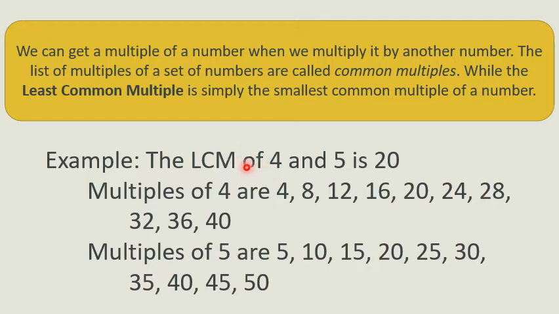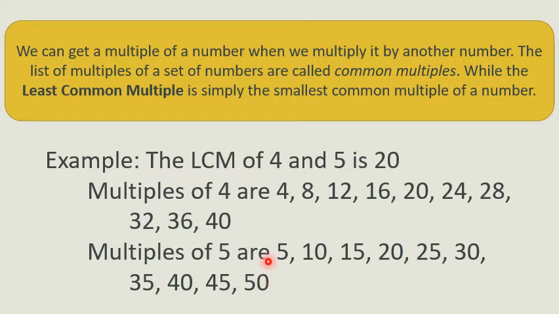Ang multiples ng 4 ay 4, 8, 12, 16, 20, 24, 28, 32, 36, 40, and so on. Then, multiples ng 5 ay 5, 10, 15, 20, 25, 30, 35, 40, 45, 50.